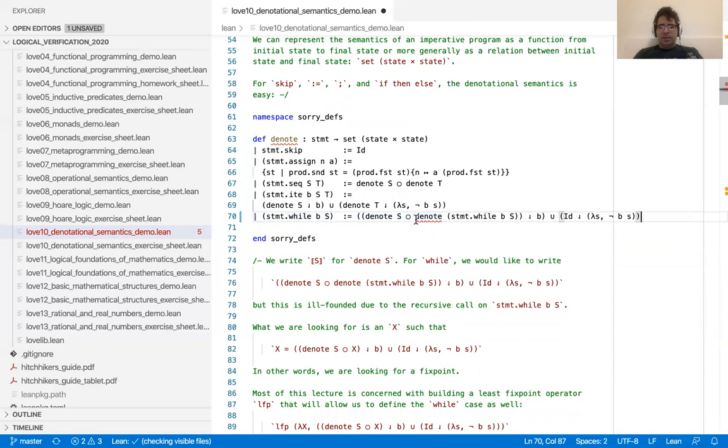And it is indeed rather worrying here. You really have this recursion, and if the program is non-terminating, if you have a while true, then in this definition also will not be terminating. So there's no hope to convince Lean that this is well founded, because it might not be.